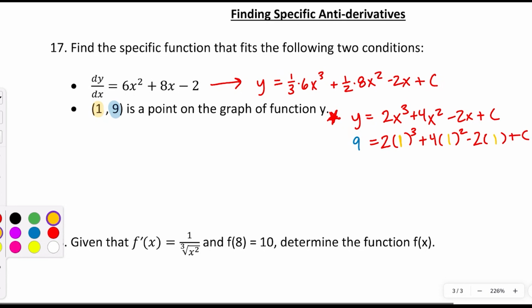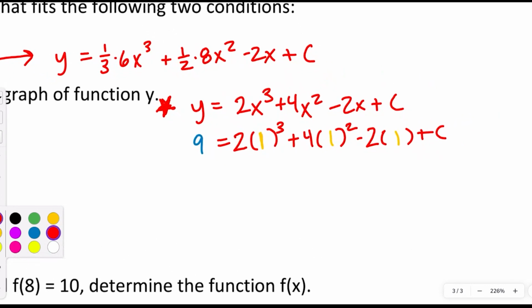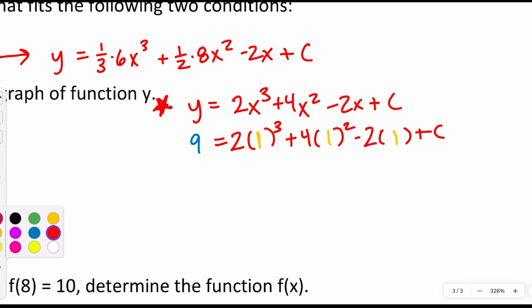The arithmetic here isn't too bad because of all the ones. So 9 is 2 plus 4 minus 2 plus c. So 9 is 4 plus c, since 2 minus 2 is 0. So what's c? Yeah, 5.